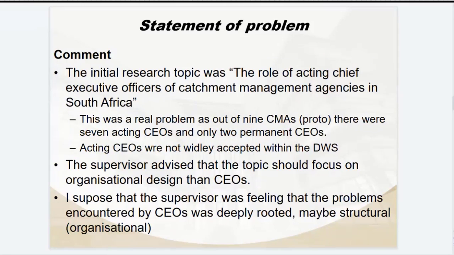Therefore, when the supervisor changed the topic and said, no, he doesn't think that this is a real problem, I perceived that he thought that there is an underlying problem why CEOs are actually coming across the problem.